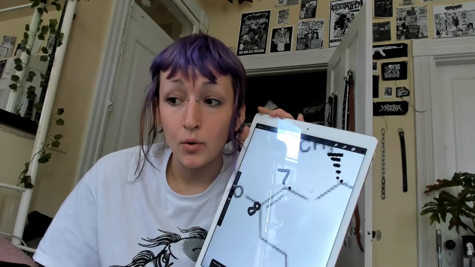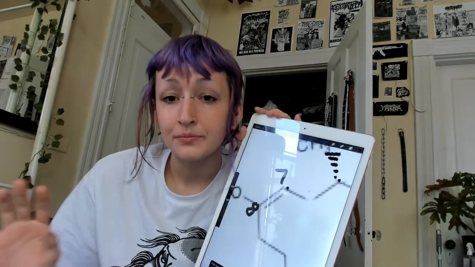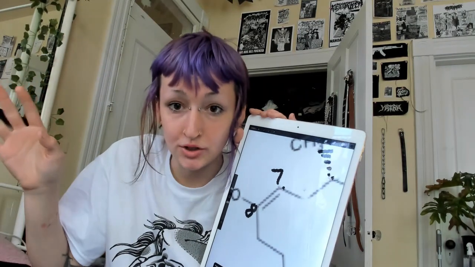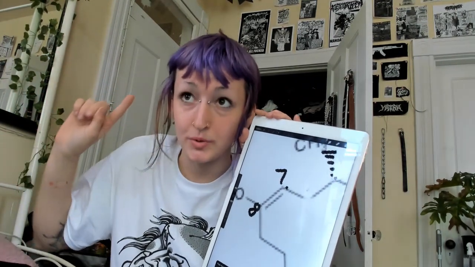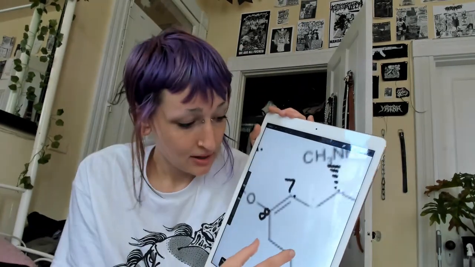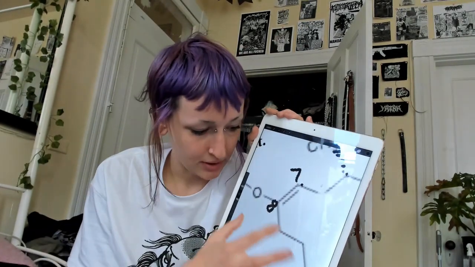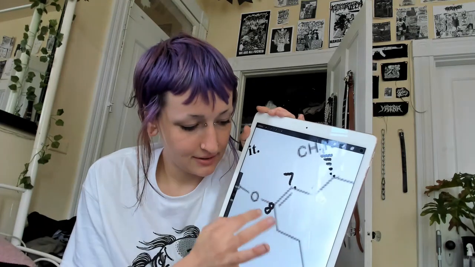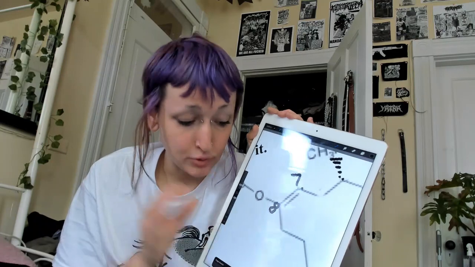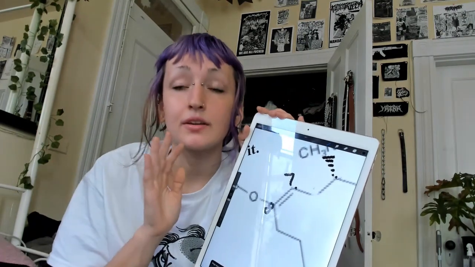When it's like a regular alkene, there's no secondary substitutions in each of them. It's just like hydrogen and a substituent, hydrogen and a substituent. You can name it as cis and trans, but you can't say cis and trans with this one because it's got multiple things coming off of it. So instead you're going to use the EZ terms.